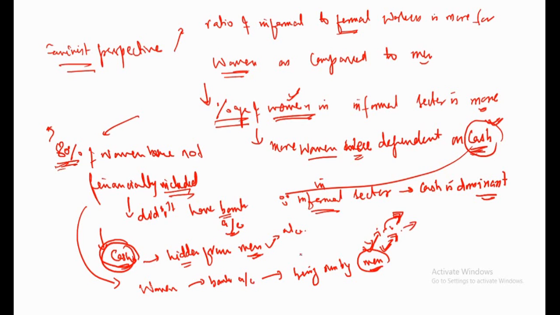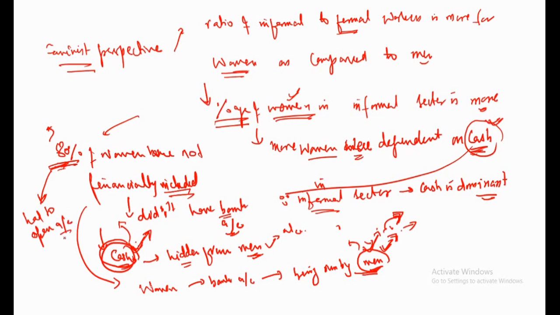So these women prefer not to open an account, because if they open an account, it means they are dependent on men. And if they want independence, they will not open an account. And if they do not open an account, it means they were more dependent on cash. And when cash was targeted in demonetization, these women had to deposit their money in banks, which means they had to open accounts.